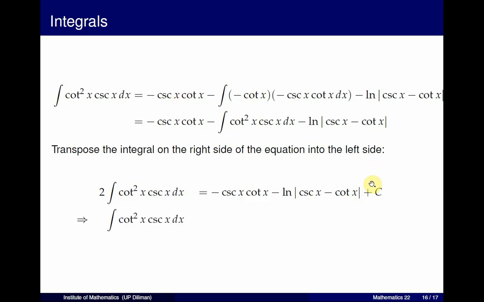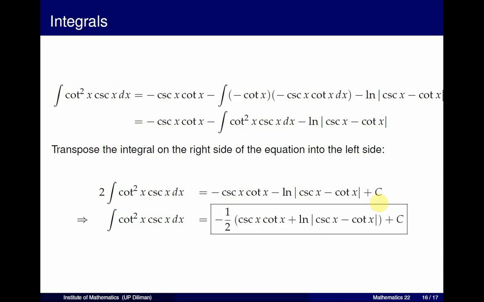And so our original integral of cotangent squared x cosecant x dx is obtained by dividing both sides of the equation by 2. So our original integral is equal to negative 1/2 times the quantity cosecant x cotangent x plus ln absolute value of cosecant x minus cotangent x, plus c. So I just factored out the minus sign so that it looks nicer here.